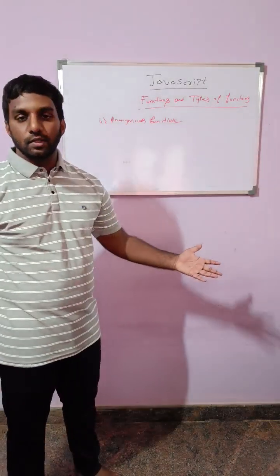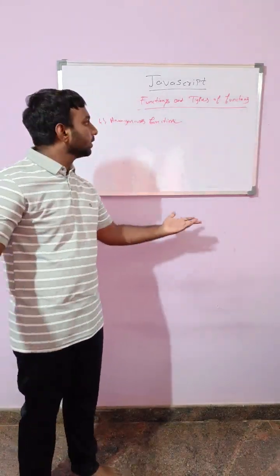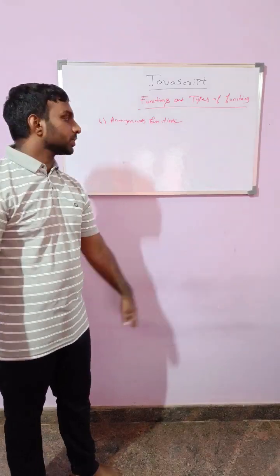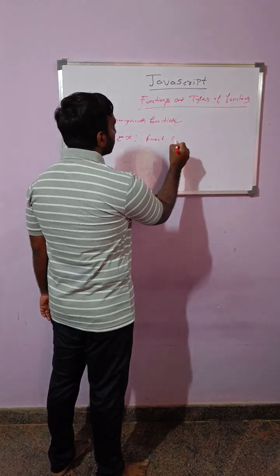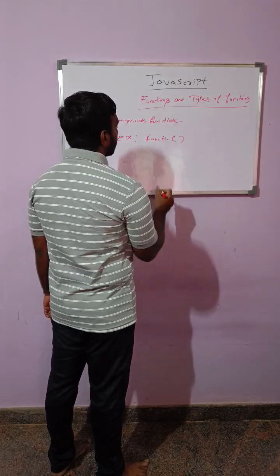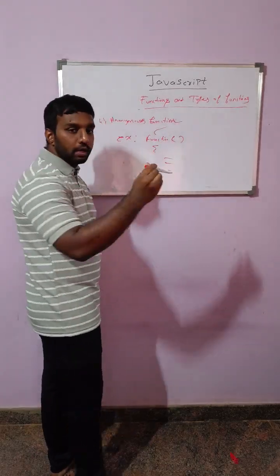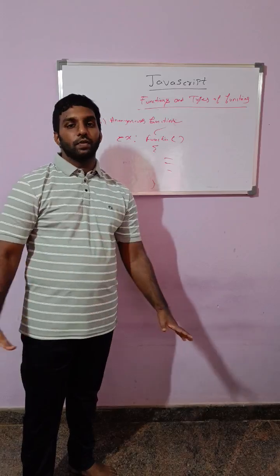What is anonymous? If you go to the dictionary, anonymous is nothing but unknown. The function which is declared without a name is known as an anonymous function. For example, if you declare a function without giving any name and perform some task, this function becomes an anonymous function.